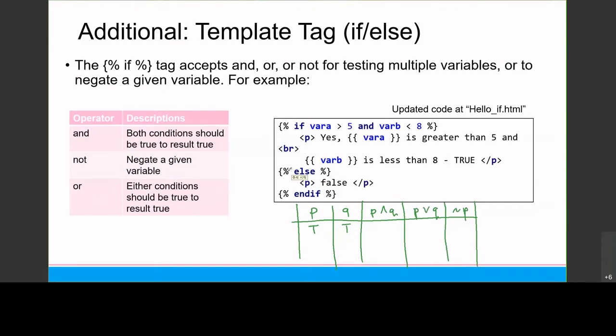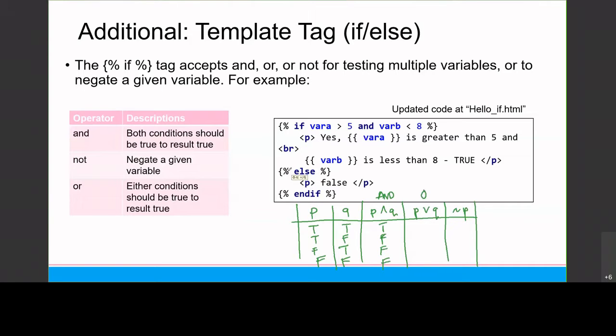So if you still remember, this one true or false, this one false and true, then this is false and false. So we can see that if it is the AND operator, then it is true, false, false, and false.